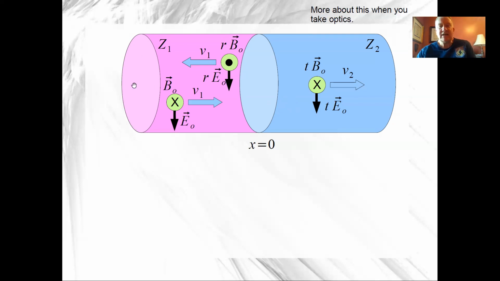These electromagnetic waves are traveling down the wire. Now they hit this interface where maybe this is a coaxial cable of 50 ohms and this is a coaxial cable of 75 ohms. And some of the energy reflects back into the cable and some of it gets transmitted.